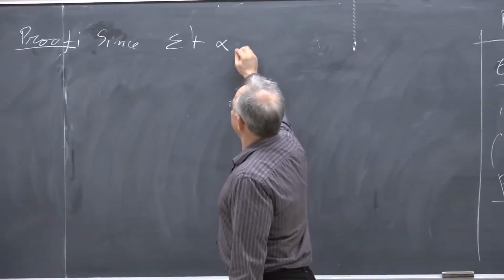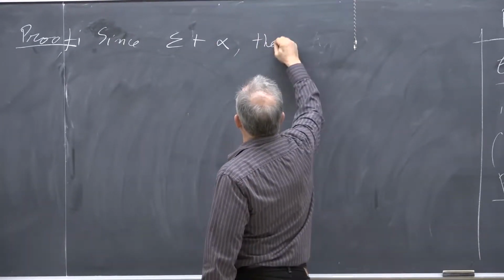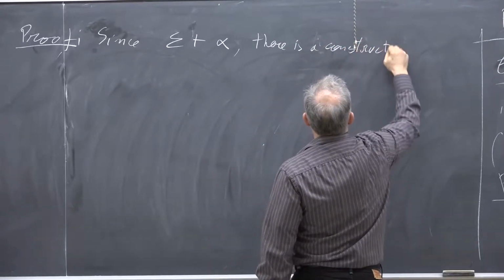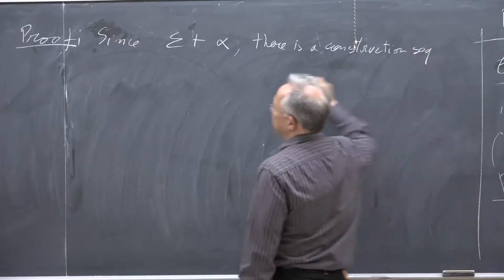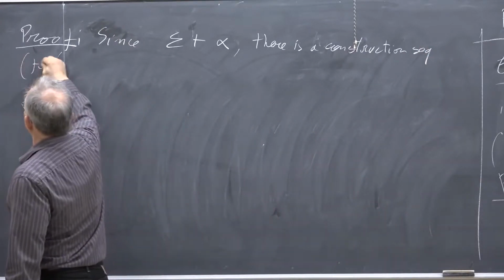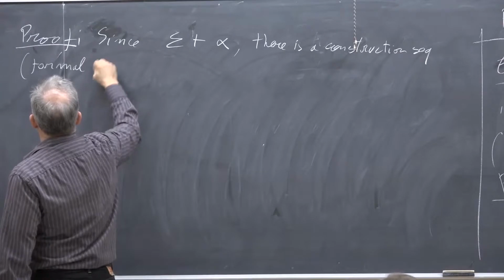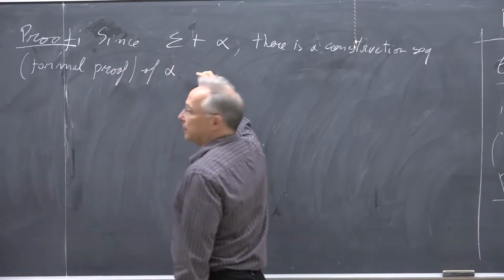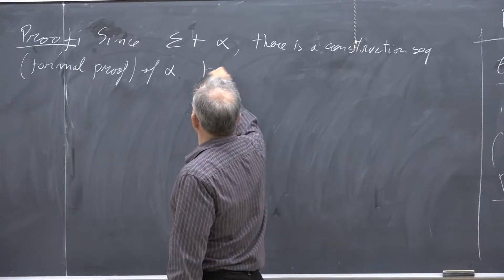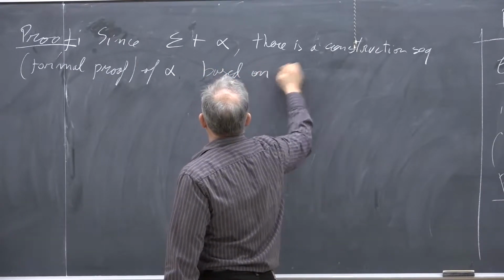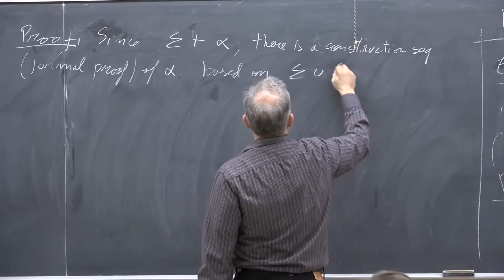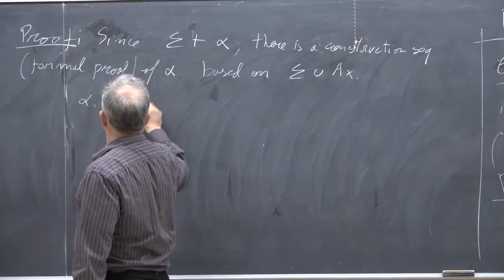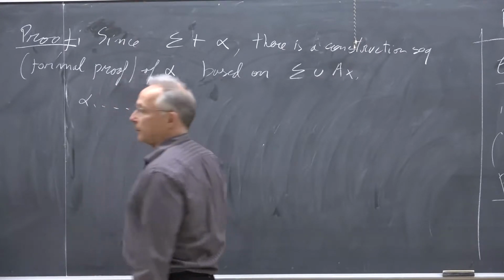There is a construction sequence, or if you want, a formal proof of alpha based on sigma union axioms. So we have this alpha 1 up to alpha n, and alpha n is alpha.